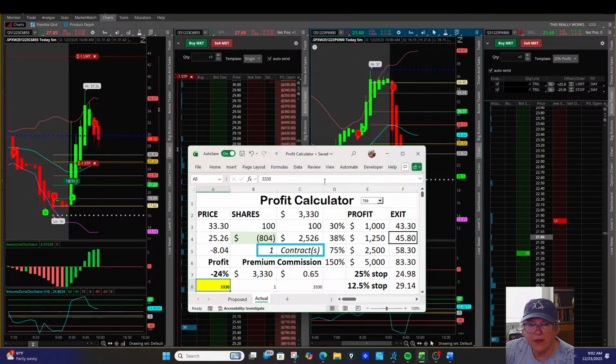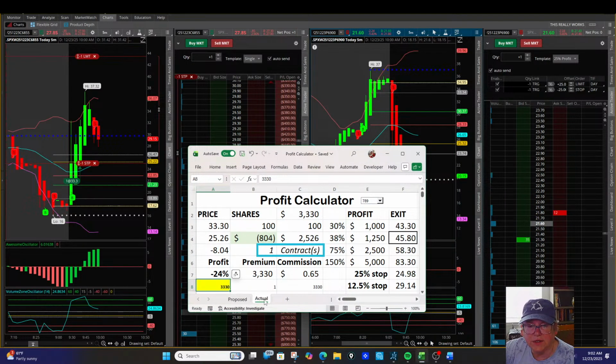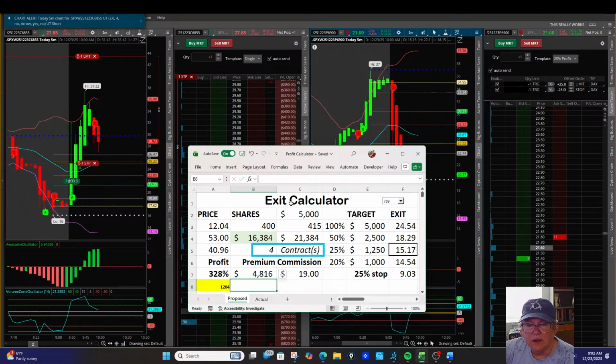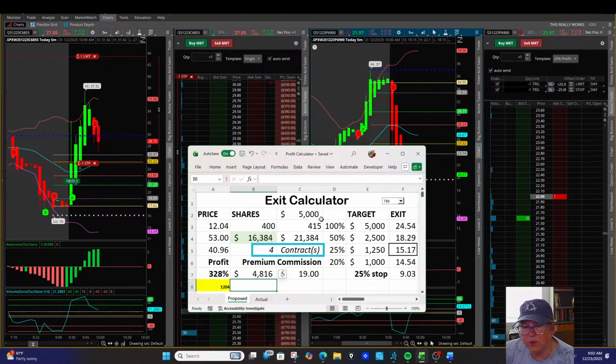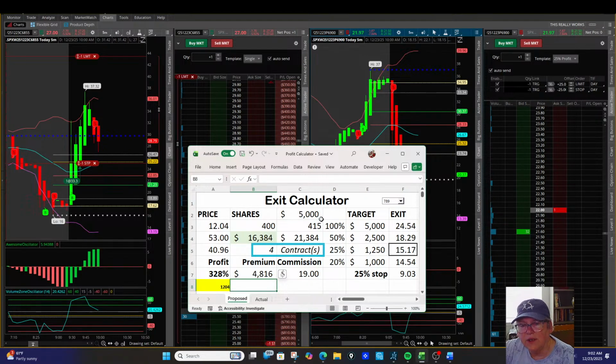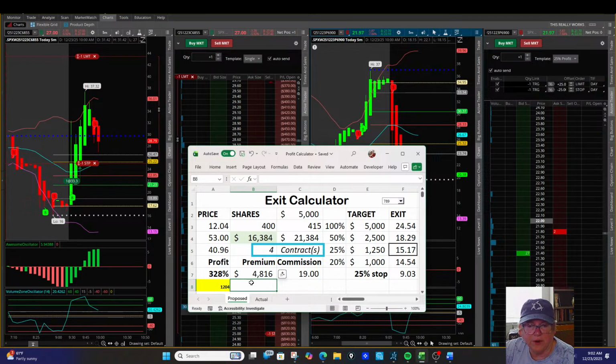With my profit calculator, I've got the actual amounts and then the proposed. I'm staying around 5,000 for the next couple of weeks because I just want to start out smaller and work my way up.